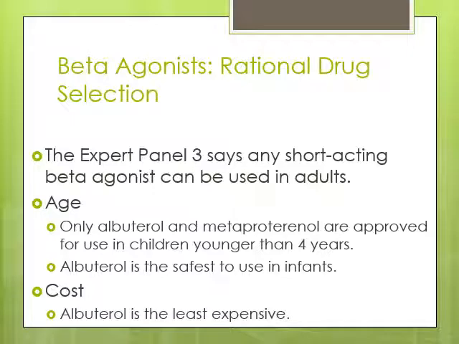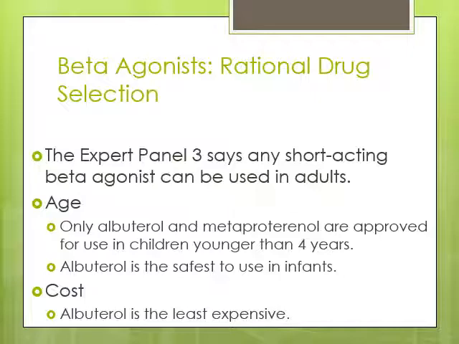Now, with rational drug selection, the expert panel does not differentiate or recommend a specific short-acting beta-2 agonist for use in asthma. And so when you are looking at prescribing any of the bronchodilators, you have to look at different factors, and a lot of it is the age of the patient and also cost.